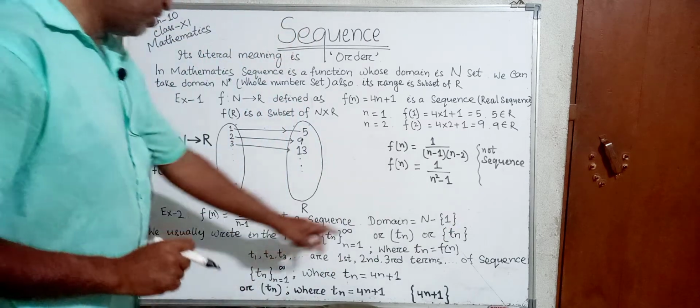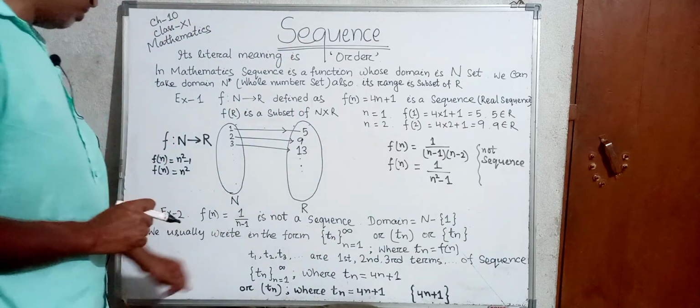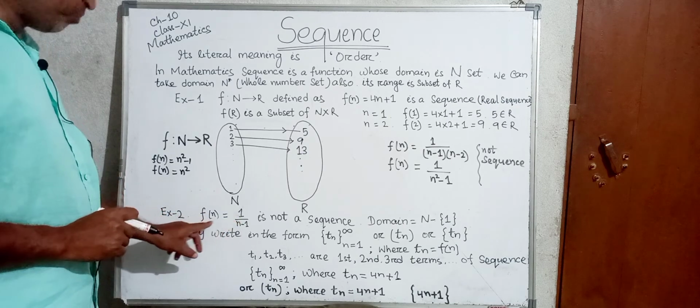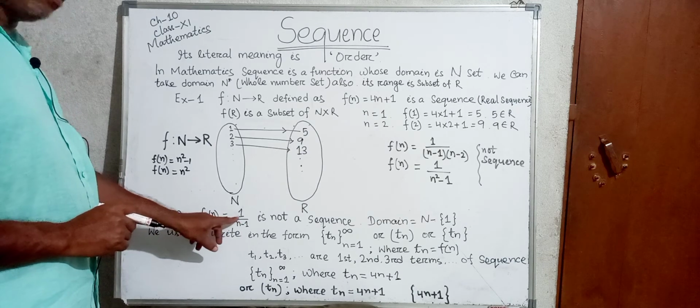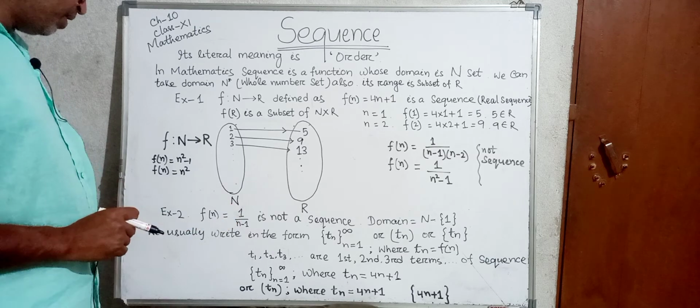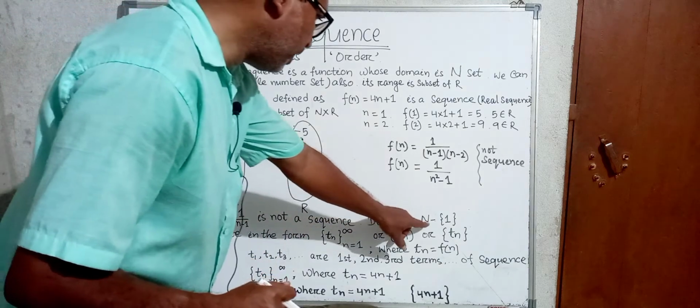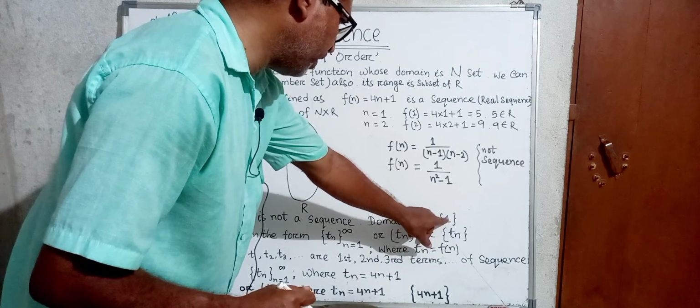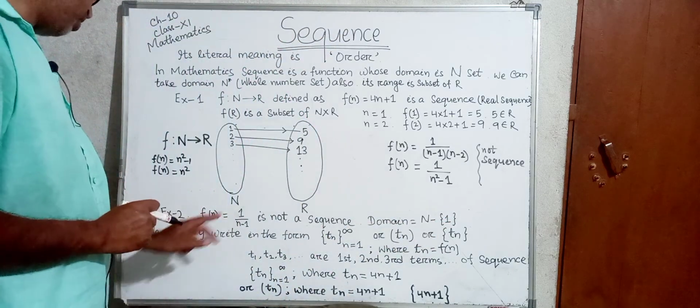For n equal to 1, the value of the function cannot be defined. That is why the domain is N difference the set having element 1. It is not a sequence.